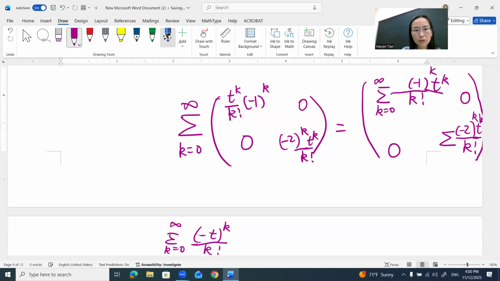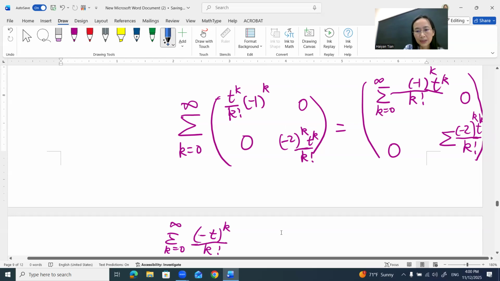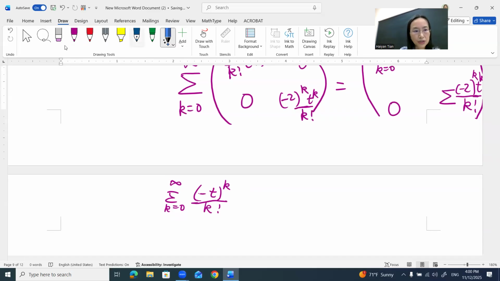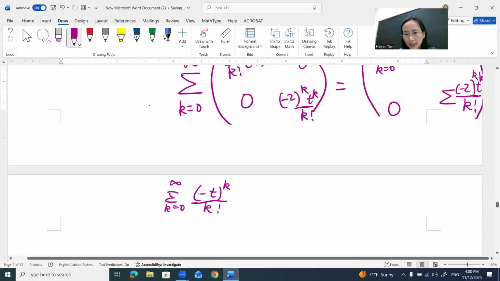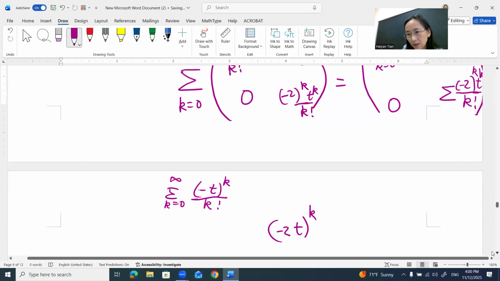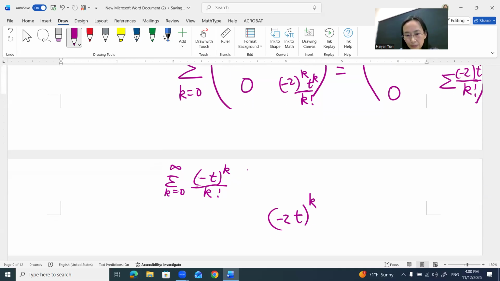I'm just simply rewriting negative 1 to the K, t to the K, and putting it together as negative t to the K's power. And then the other diagonal entry, if we rewrite it, is easier to see. It's negative 2 to the K's power, t to the K, so together it is negative 2t to the K's power, over K factorial, and then the sum for K from 0 to infinity.